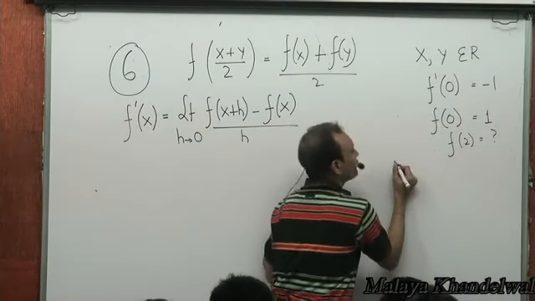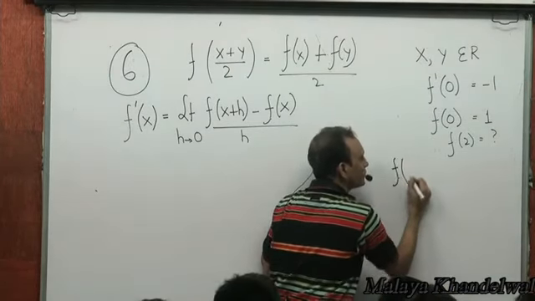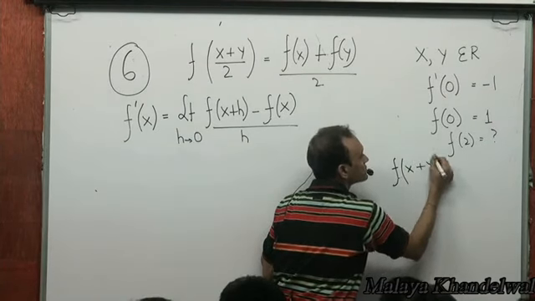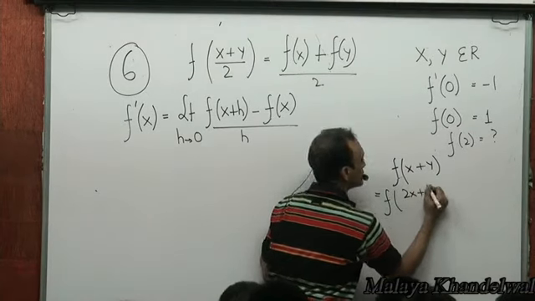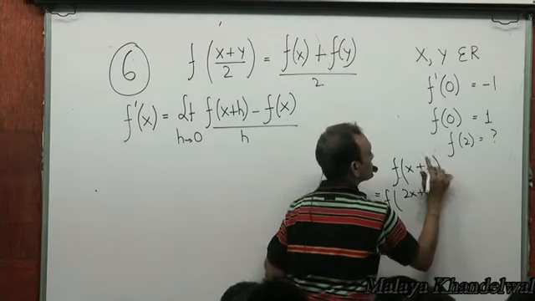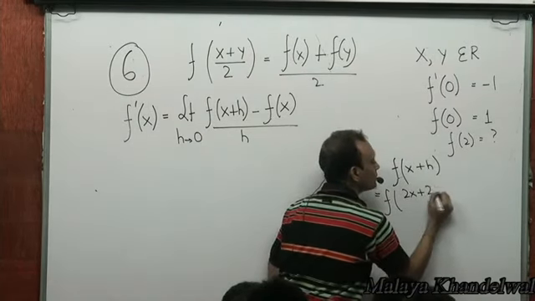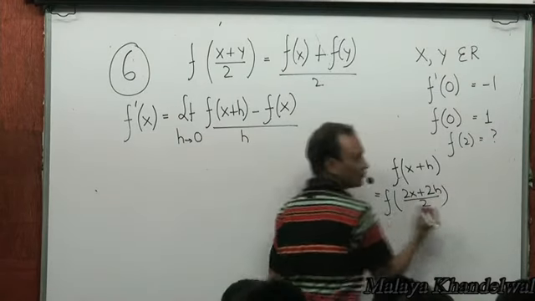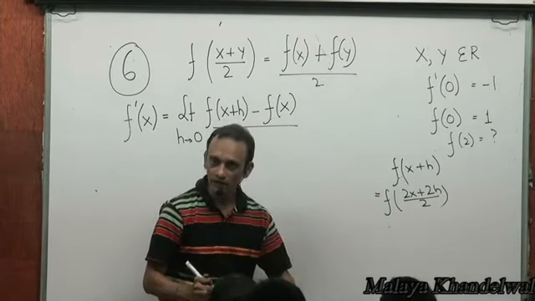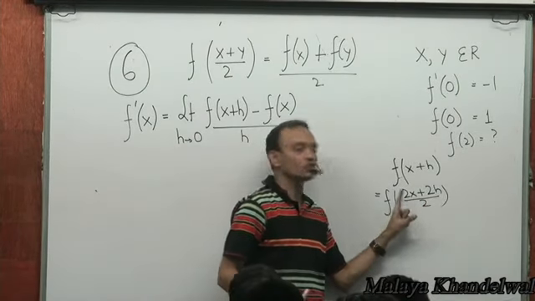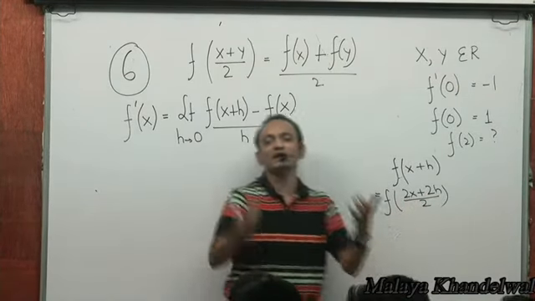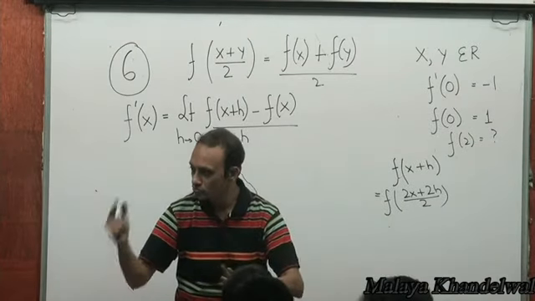Now this f(x plus h), if I have to deploy this character, could be written as f of (2x plus 2h) by 2, yes or no? Right? f of (London plus Patna) by 2 is going to be (f of London plus f of Patna) divided by 2.